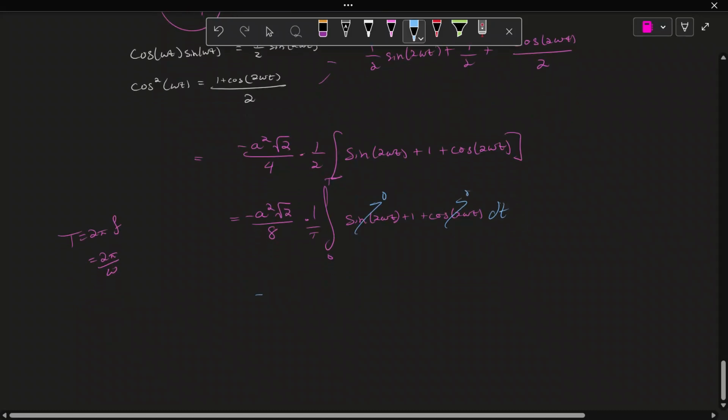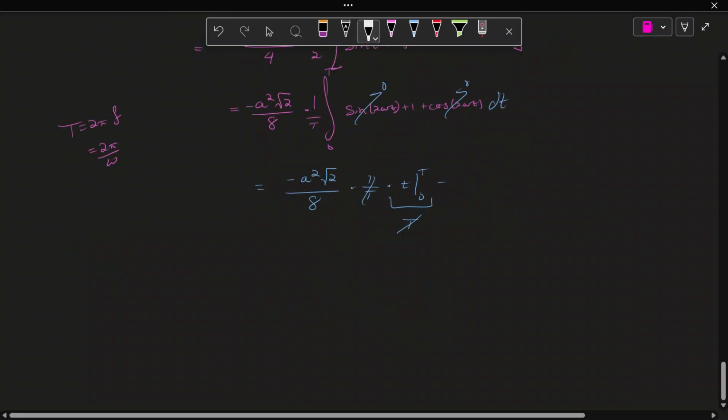So then what we get is equal to negative A squared root 2 over 8 times 1 over T times the integral from 0 to T. We know this part comes to T, so we can cancel this out, and this is just equal to negative A squared root 2 over 8. There we go. Okay, that's how we did it.